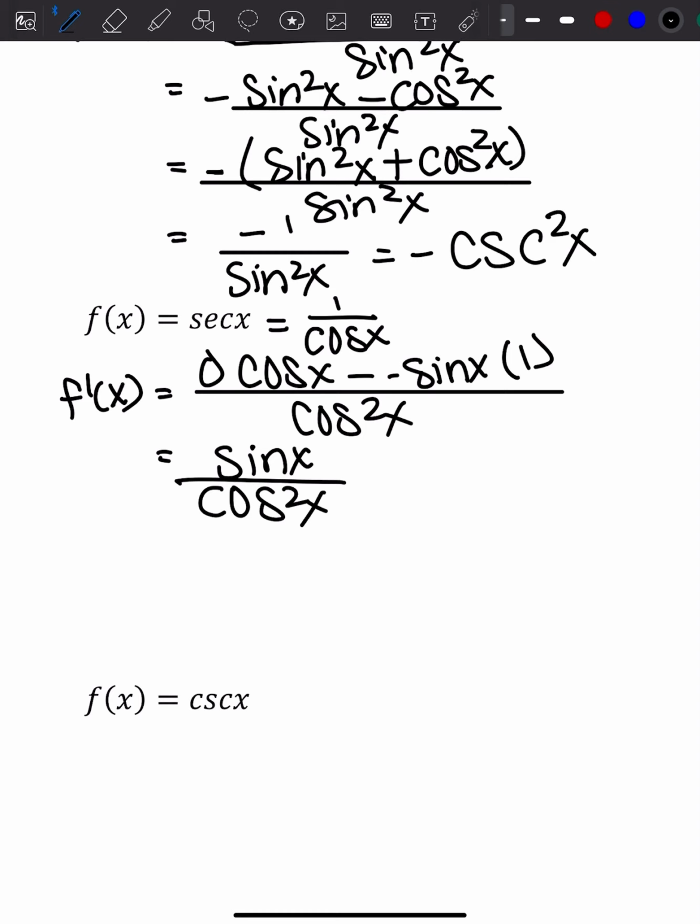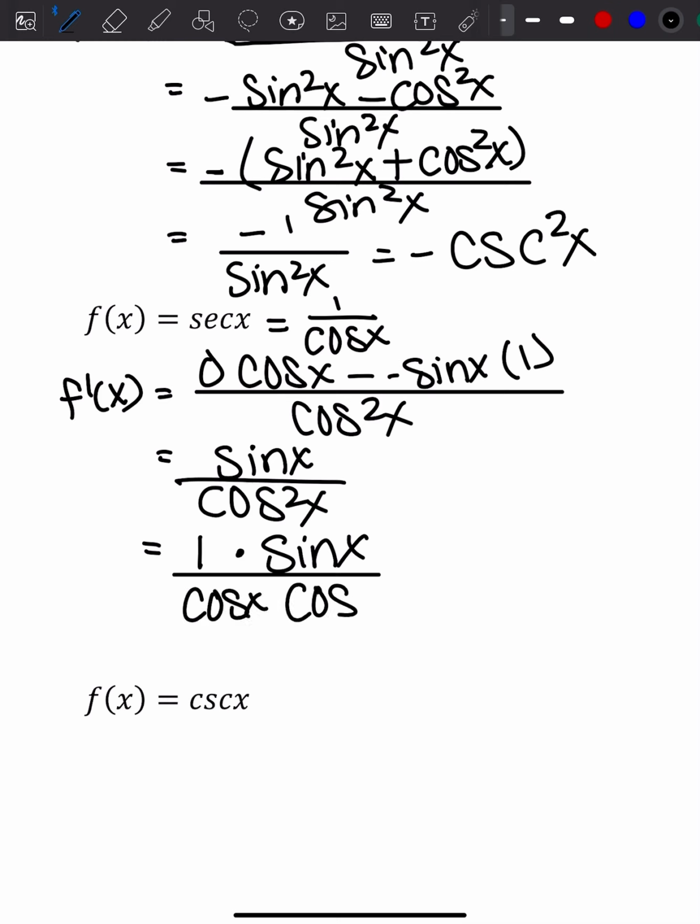In order to get what we really want here, we need to rewrite this in a different way. One of the things that we need to remind ourselves is that cosine squared is the same thing as cosine times cosine. I can also write sine as 1 times sine. And I know that for sure because we literally started with that.